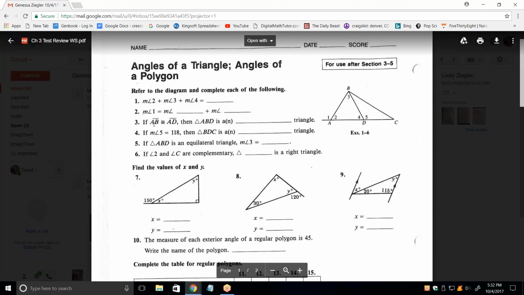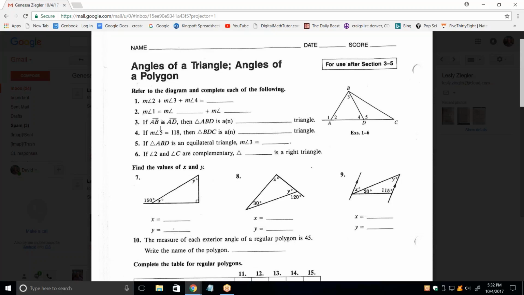So number 3, if AB is congruent to AD, then triangle ABD is what kind of a triangle? Isosceles. Okay.